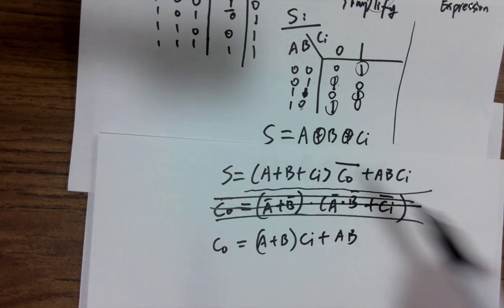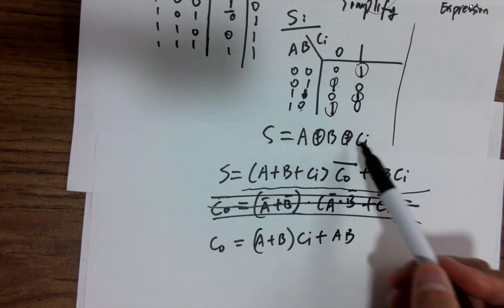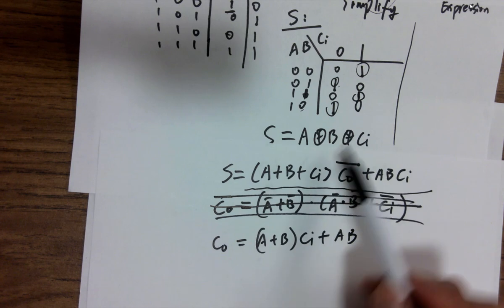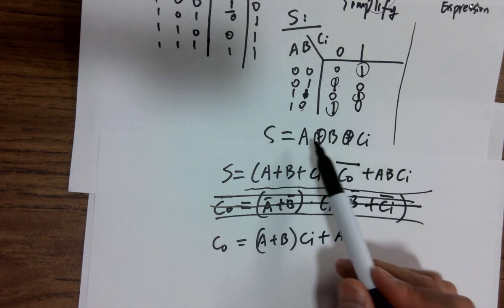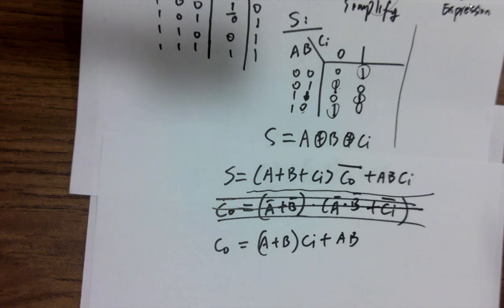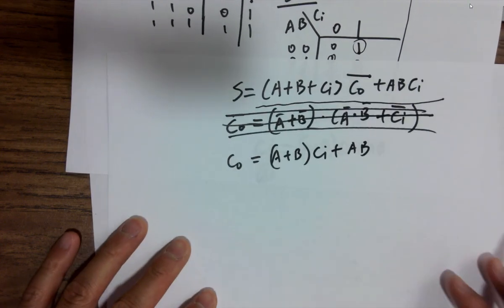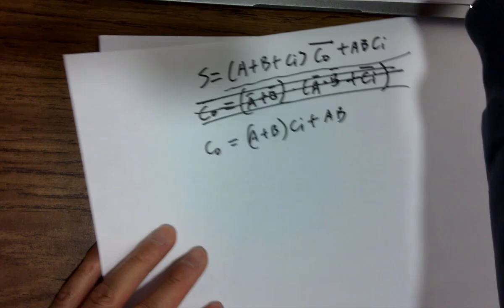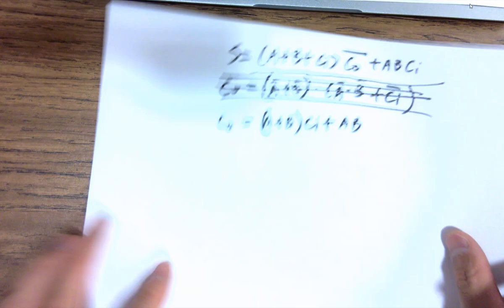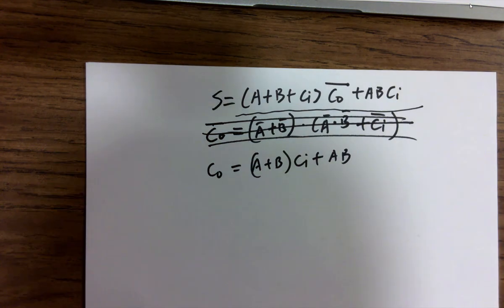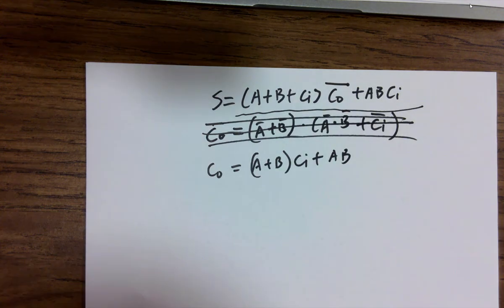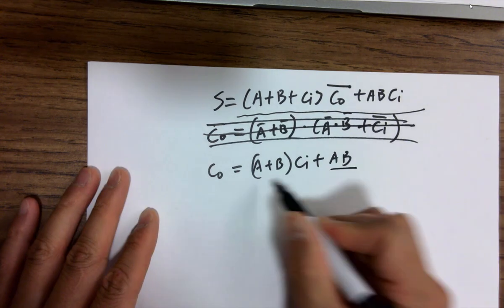Okay, so because S has all the XOR gates, I think it's getting simplified. Eventually, we're getting this for S. I think we should do this first. For this one, AB, CI, AB.